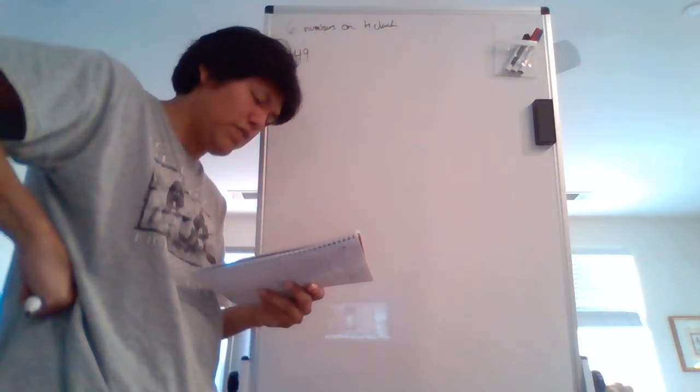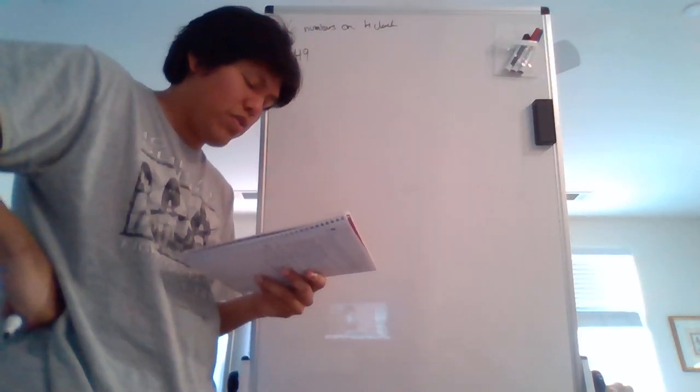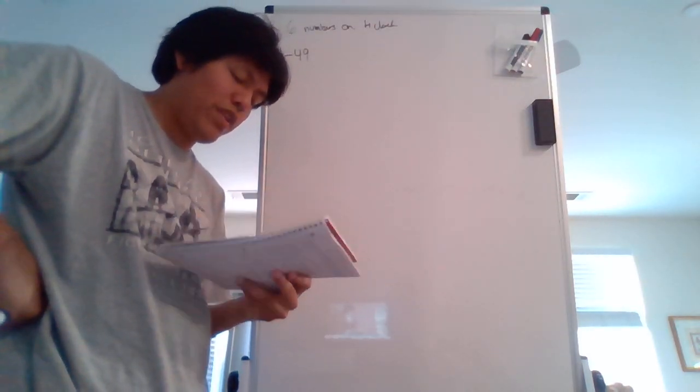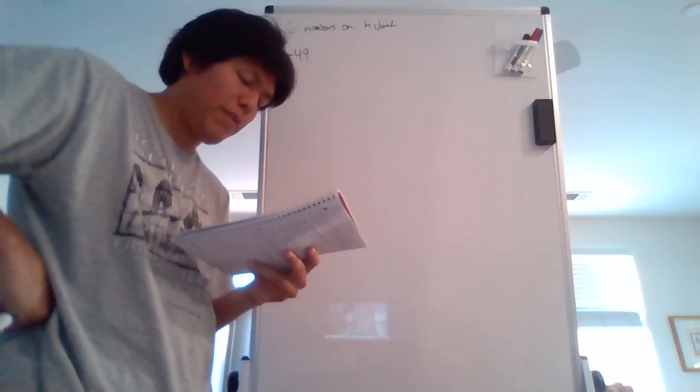Okay, so there are 6 choose 3, which is equal to 20 ways of choosing 3 numbers from the 6 on our ticket.